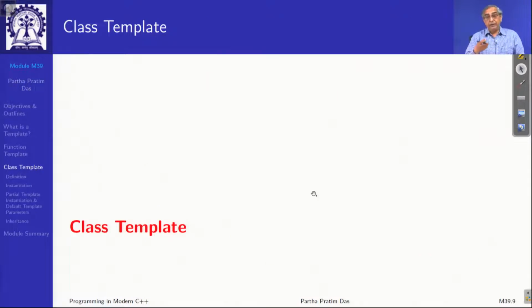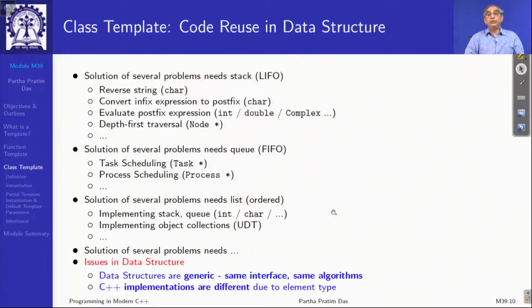Class template is designed to solve similar problems in similar situations, like the function template was solving. For example, solutions of several problems need a stack, a last in first out container structure, for reversing a string or converting an infix expression to postfix, or to evaluate a postfix expression, which could again be done for integer, double, complex and so on.